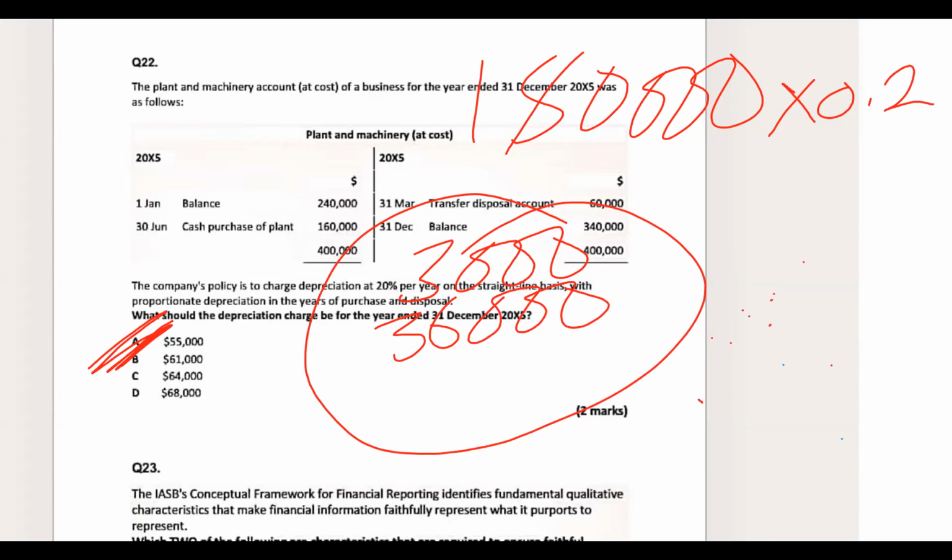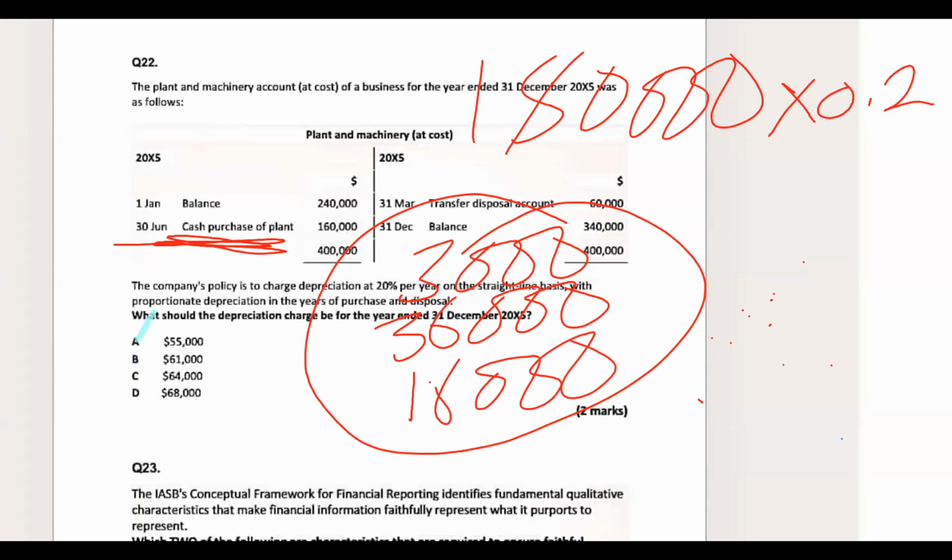And then there is that other one, the 16,000, which came in June. When you add these all together, they give us 55,000. Okay. So now, any question?